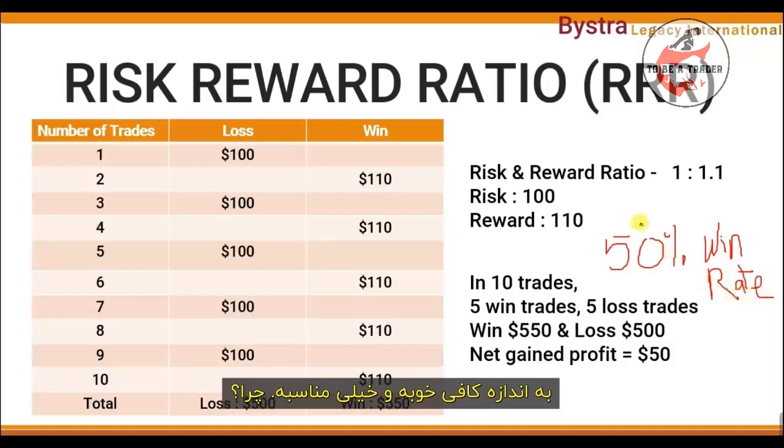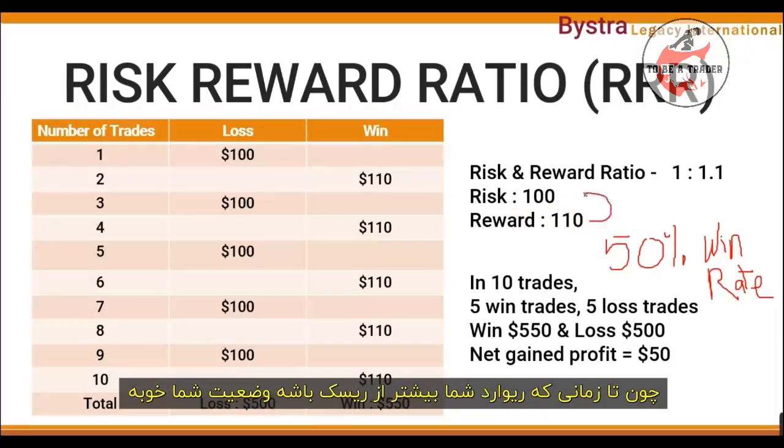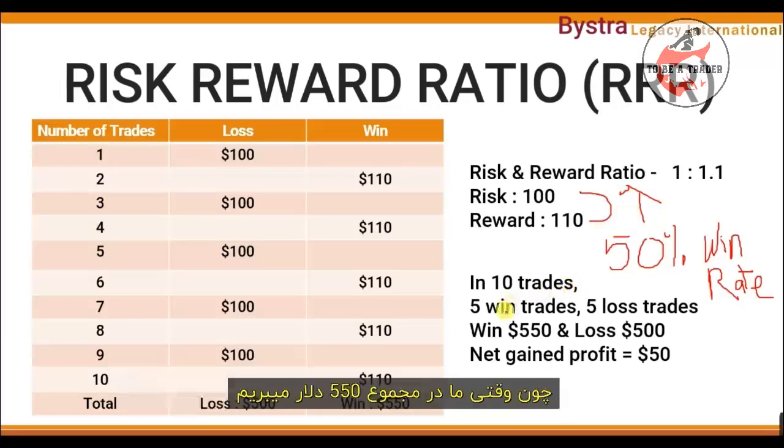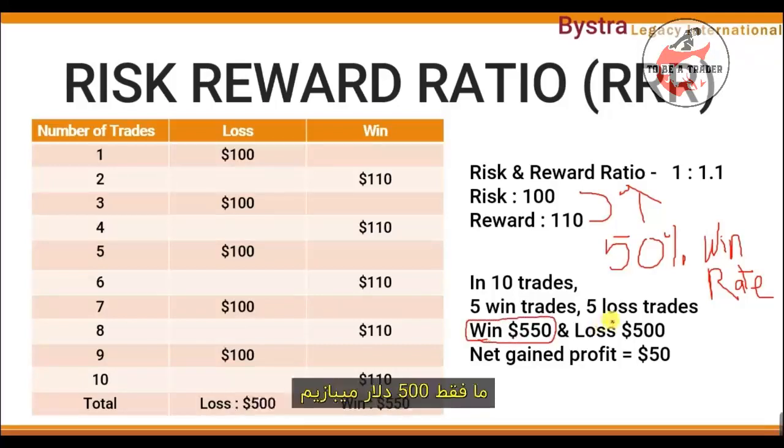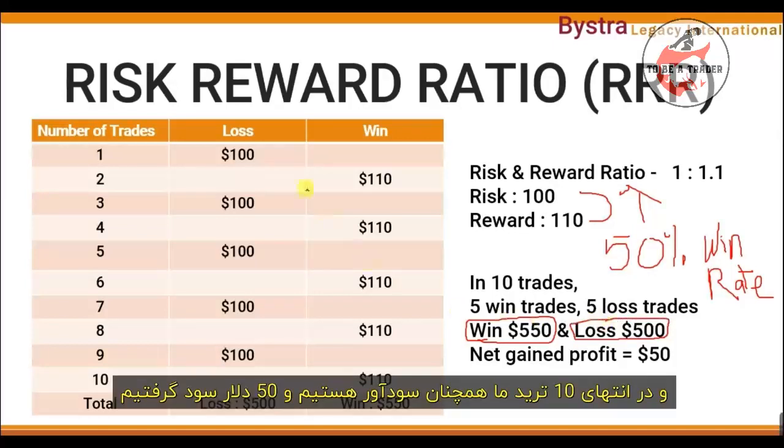Why? As long as your reward is higher than the risk, then you are fine. Because when we win $550 in total, we are only losing $500. At the end of the 10 trades, we still gain a profit of $50.